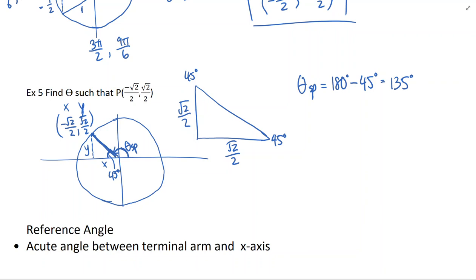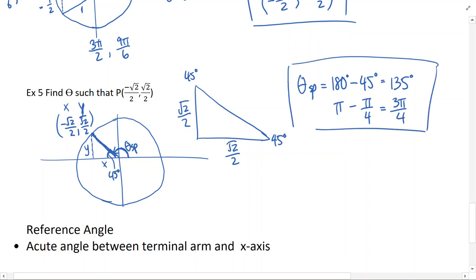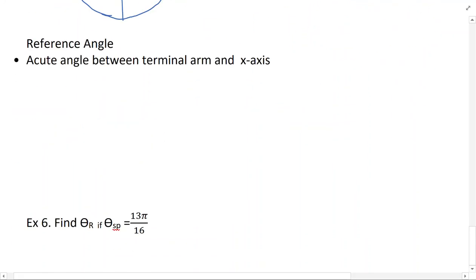Now, if you were thinking in radians instead of 180, that's pi minus pi over 4, and you have a difference of 3 pi over 4. So these are two possible answers depending on which units you're referring to. All right, reference angle.